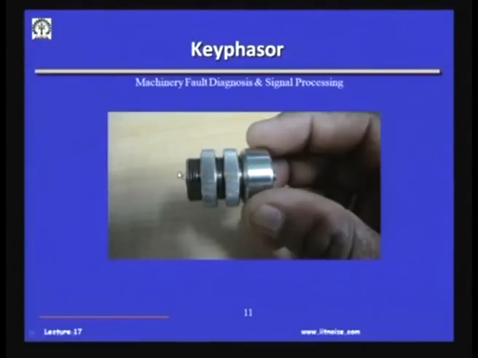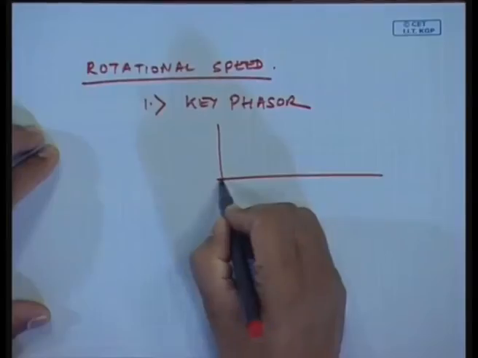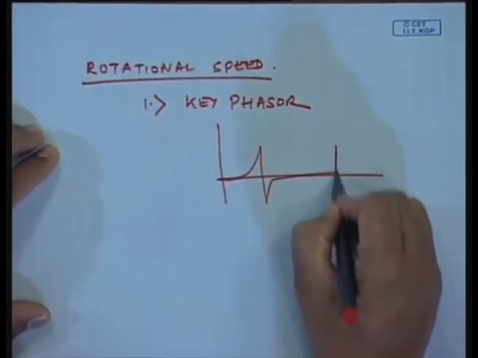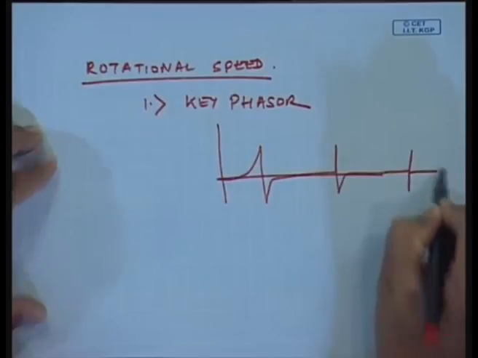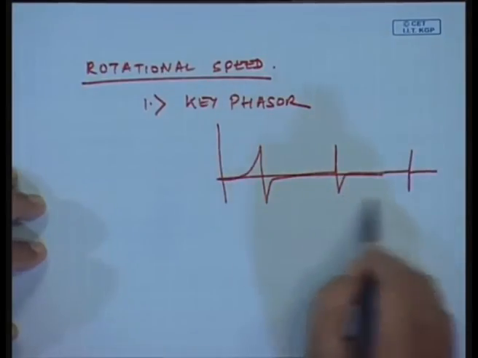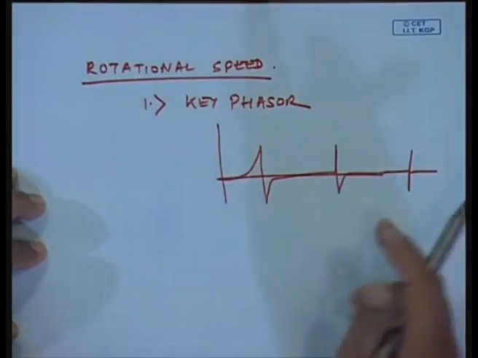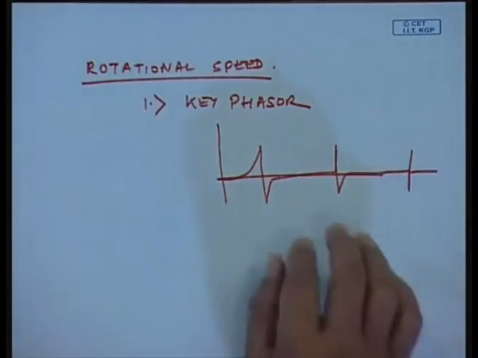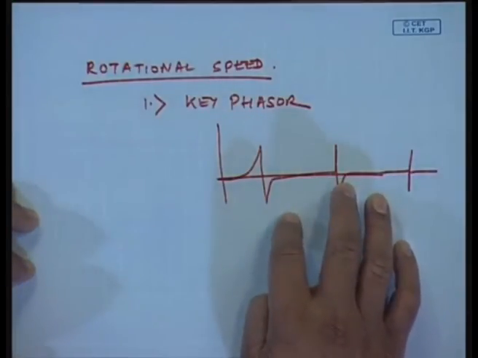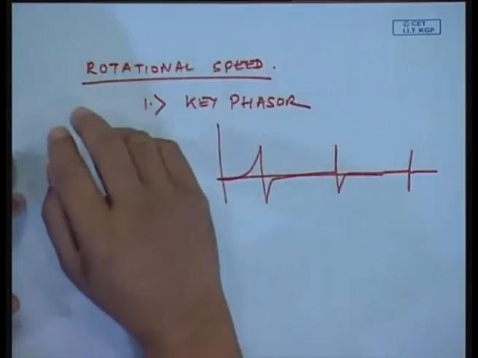So, because this gap is reducing, you will get a flux. So, you will get a spike. This will not give you absolute RPM, but measuring this on a time base, you can know the inverse of it, which is the rotational speed, or this could be used to trigger the occurrence of an event, and that is what is the key phasor.